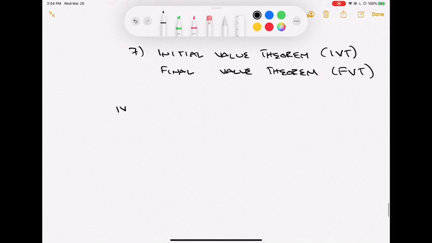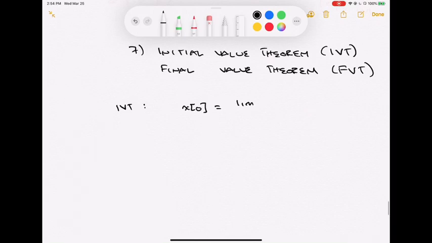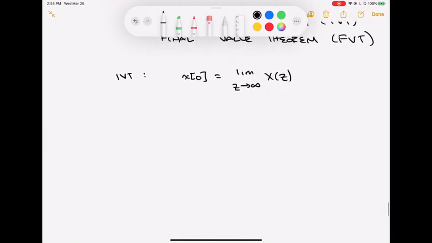So the initial value theorem says this, that the initial value of my time domain signal, x of 0, is equal to, we can get it from a limiting process in the transform domain, the limit as z goes out to infinity of x of z. This is very similar to what we saw for an initial value theorem for Laplace as well. I don't think this one, though, is as mysterious as Laplace.